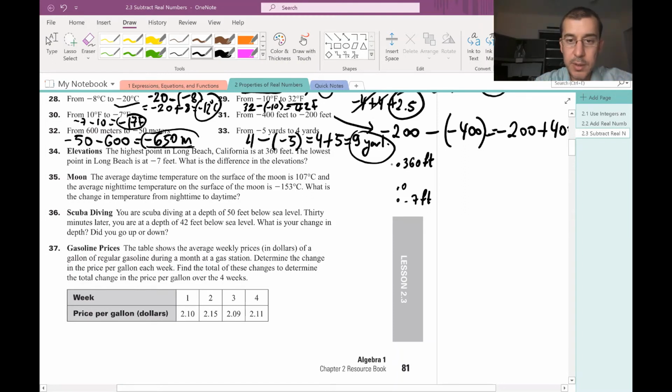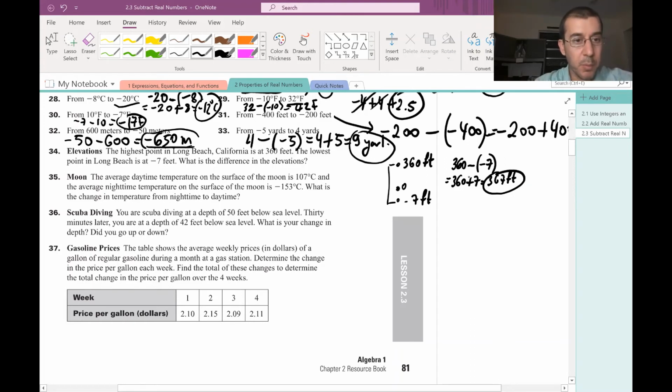So what is this elevation, basically? It's 360 plus 7, 367 feet. Or you can say it's 360 minus 7, or this is 360 plus 7, or this is 367 feet. That's the elevation. That's the answer for 34.